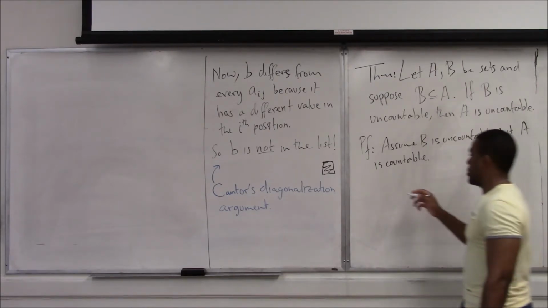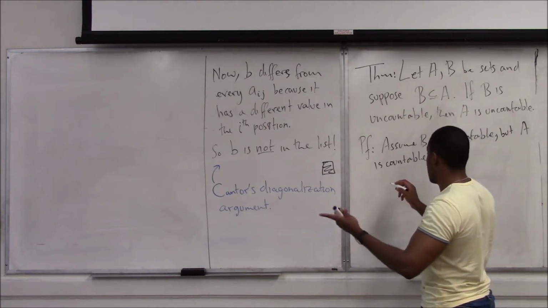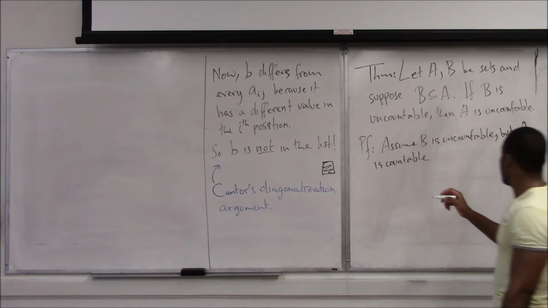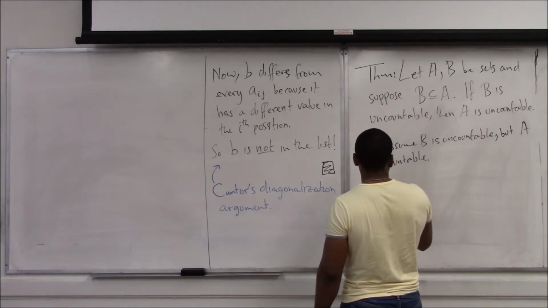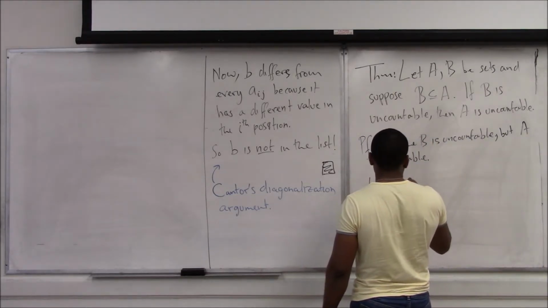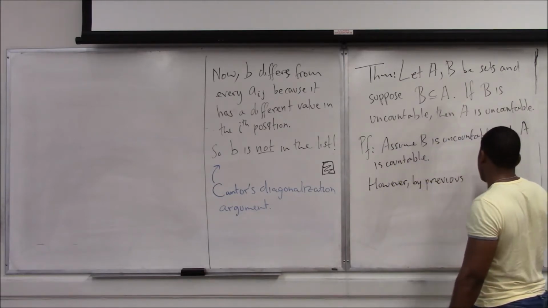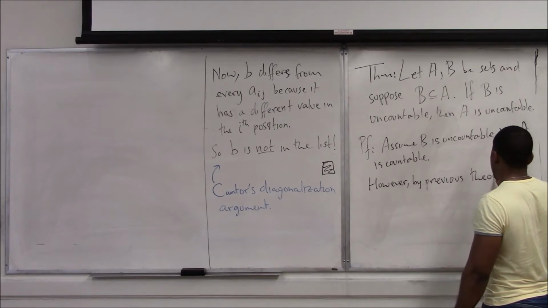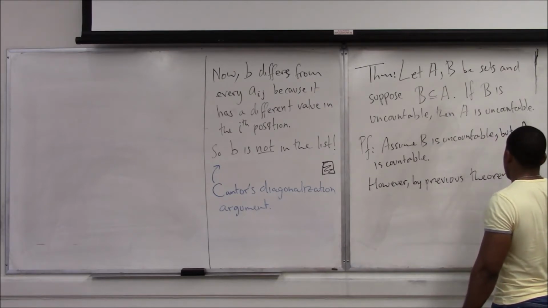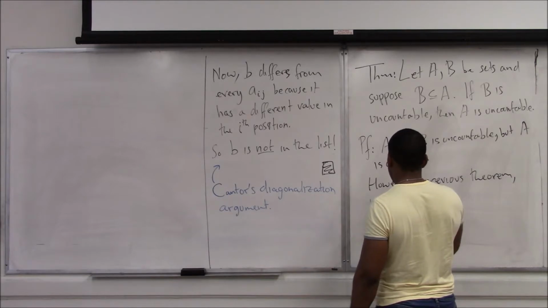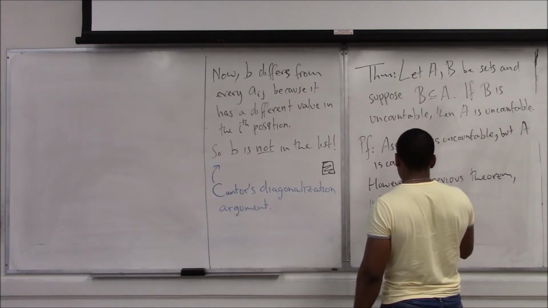Right. So a nicer way to say that is to just invoke the theorem we have before. However, by the previous theorem, but what you said is fine. This is the previous theorem: infinite subsets of countable sets are countable.